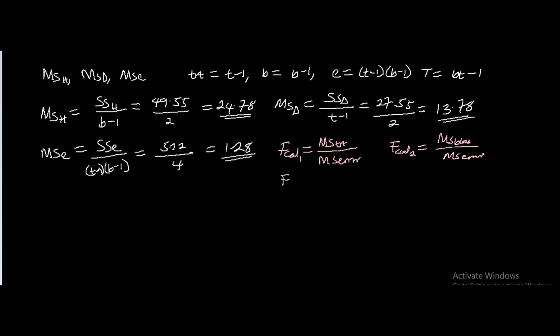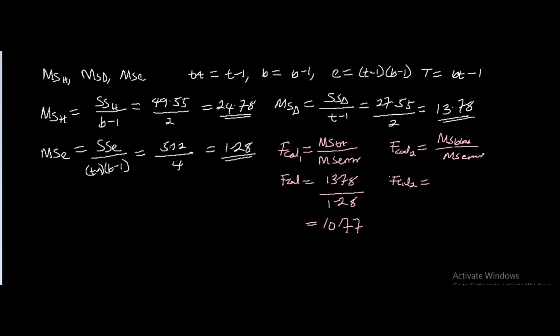So let's check the first one. We have our mean square treatment to be equal to 13.78. Now this will be divided by mean square error, and our mean square error is 1.28. If you divide these two, what we are going to have here is 10.77. So let's look at the second one, the F calculated 2.